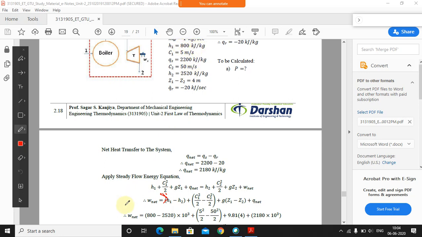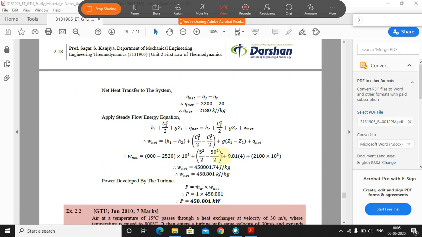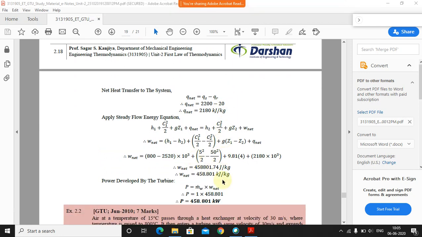We'll convert all the values into a proper, same system. So this is (800 minus 2520) into 10 raised to 3 plus 5 square by 2 minus 50 square by 2 plus 9.81 into 4 plus 2180 into 10 raised to 3. Okay, so just calculate the value and tell me the final answer.